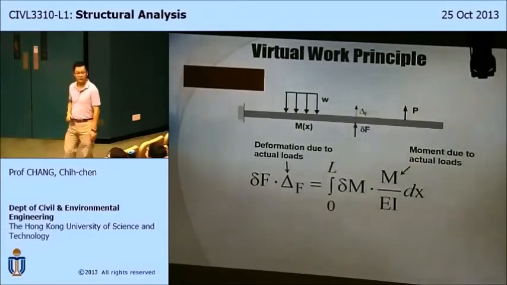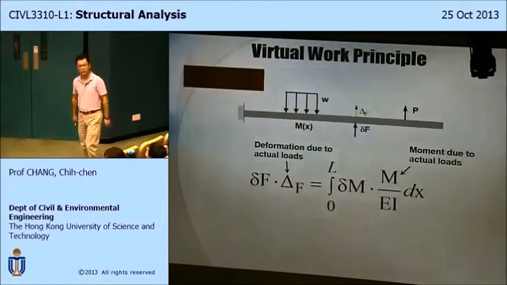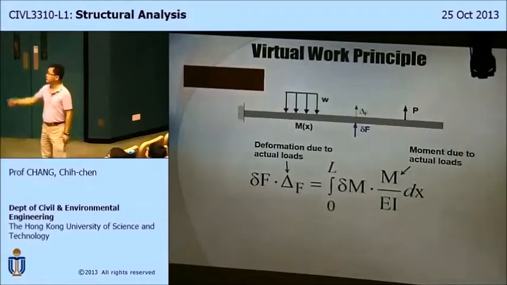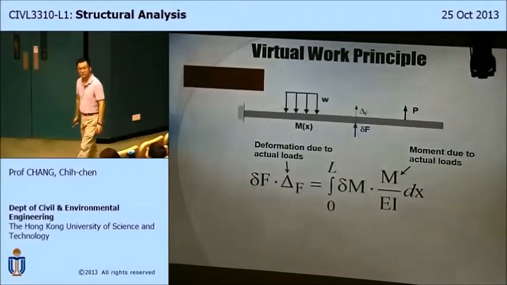So here is a virtual force. Again, you can use a magnitude of 1 to simplify your calculations.